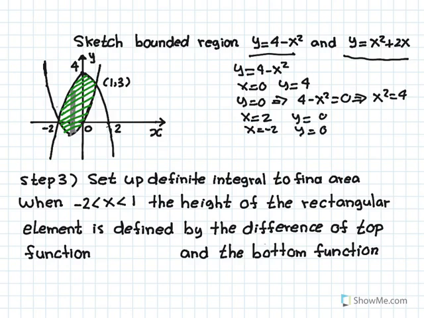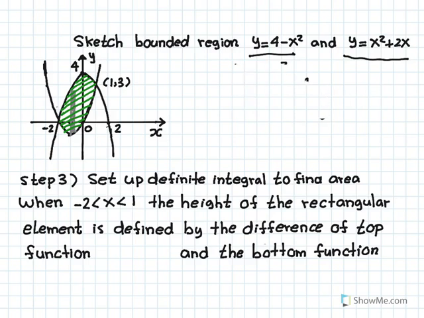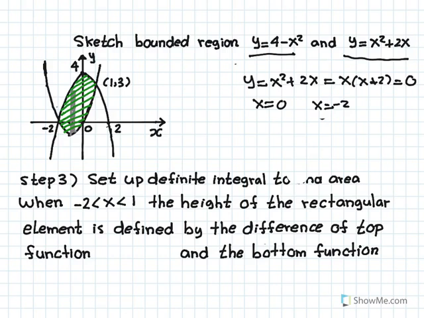Now let's look at the other equation. Let's just make some room for ourselves, so let me erase some of this. For the second equation, y is equal to x squared plus 2x, this is equal to x times x plus 2. And x equals 0, x equals negative 2, if we make y equal to 0. And so we get x is 0, y is 0, x is negative 2, and y equals 0.